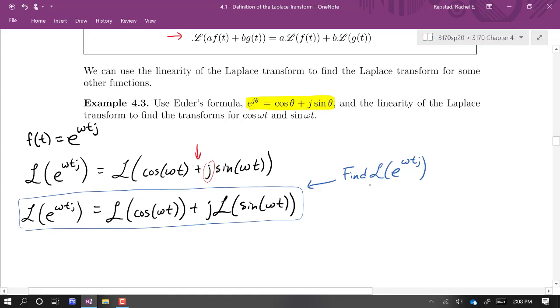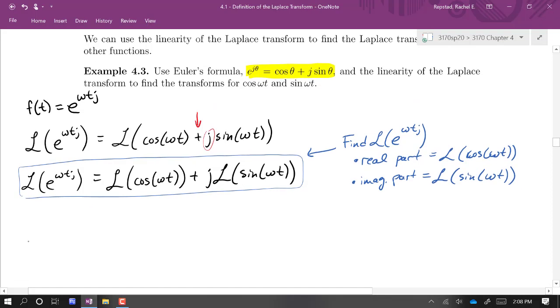Once we find that, though, the real part is going to be equal to the Laplace transform of cosine omega t, and the imaginary part will be equal to the Laplace transform of sine omega t. So all we need to do is find the Laplace transform of e to the omega t j.